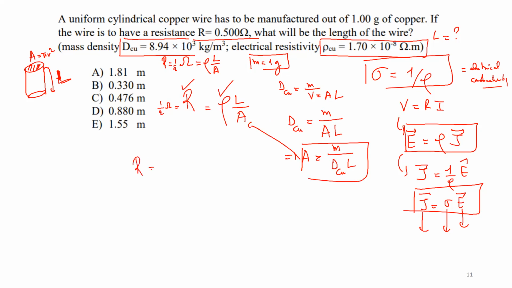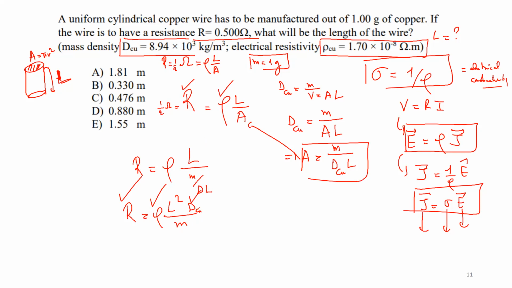So resistance is rho L, now I divide by A, which is M divided by D multiplied by L. So I have my resistance, which is rho L squared D divided by M.